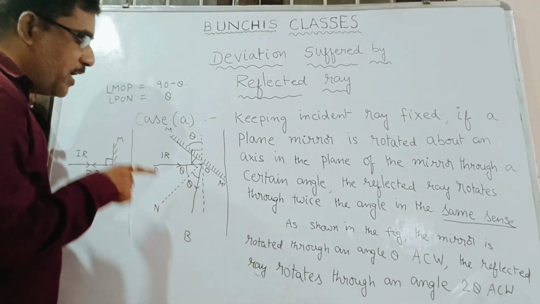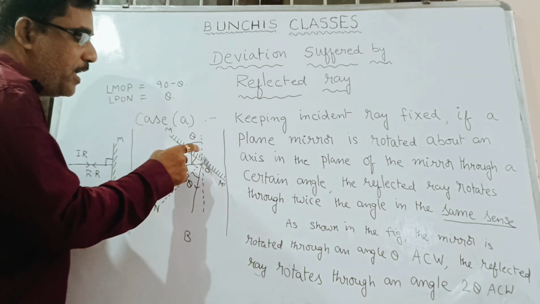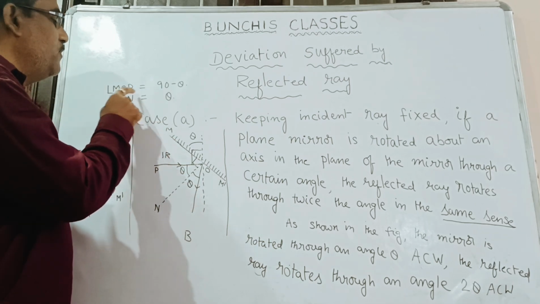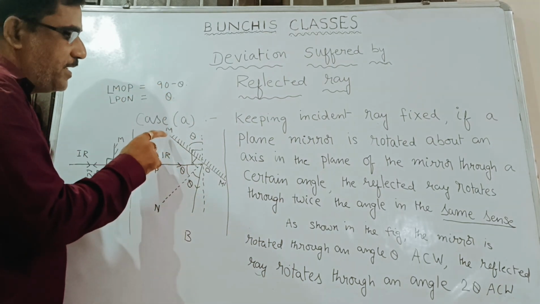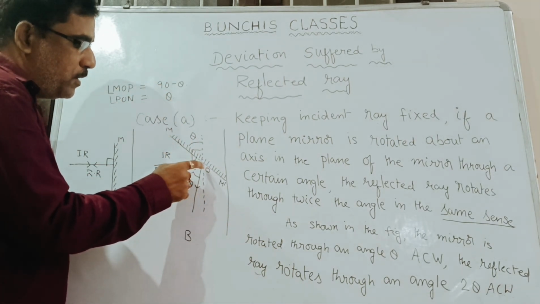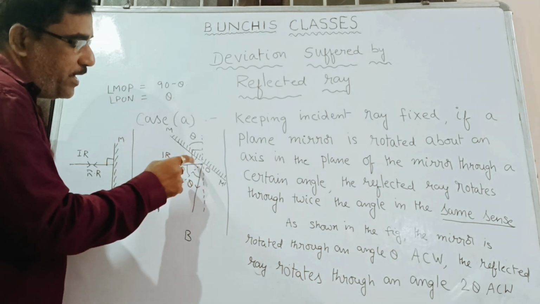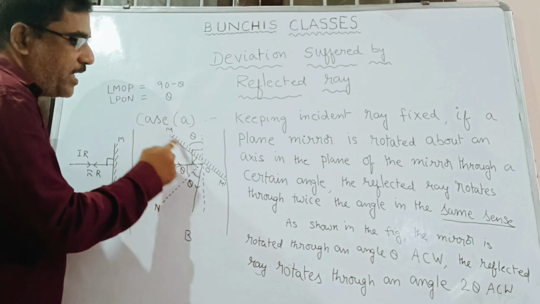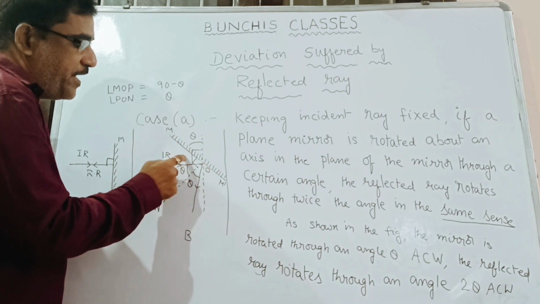So let us observe. Incident ray is falling. Here, angle MOP is equal to 90 minus theta, since the mirror is rotated by theta angle.